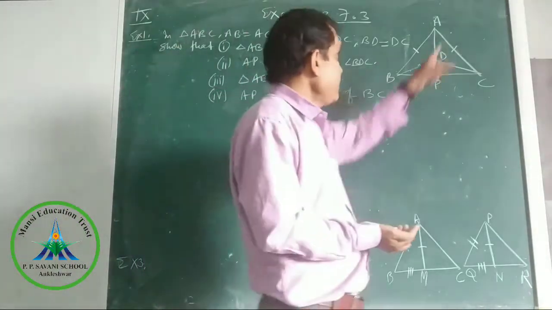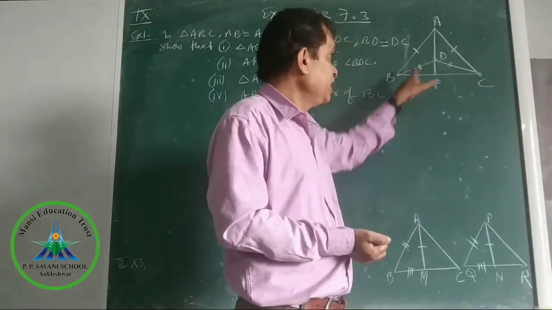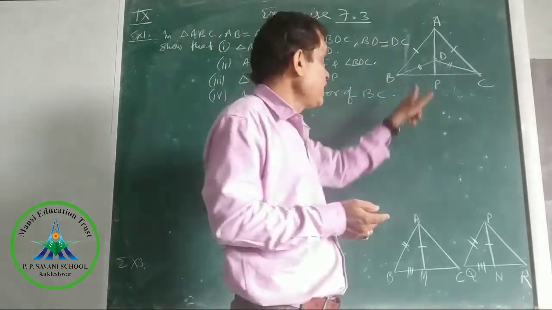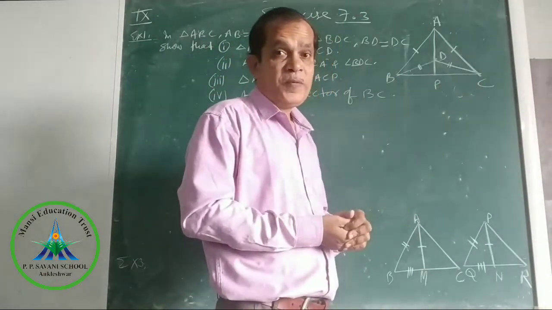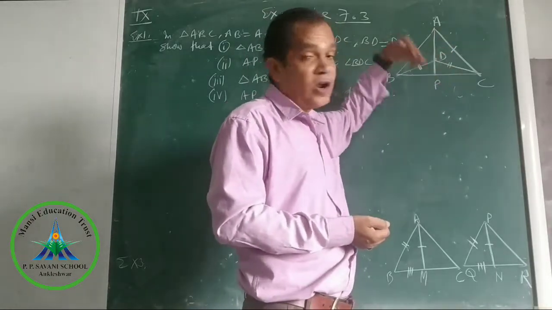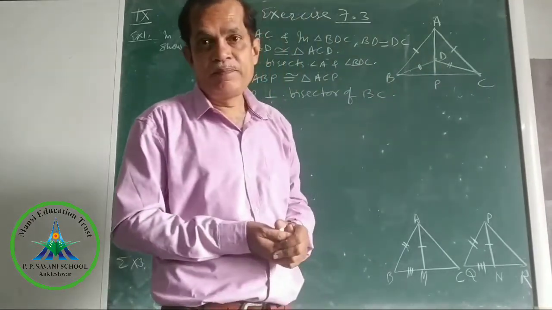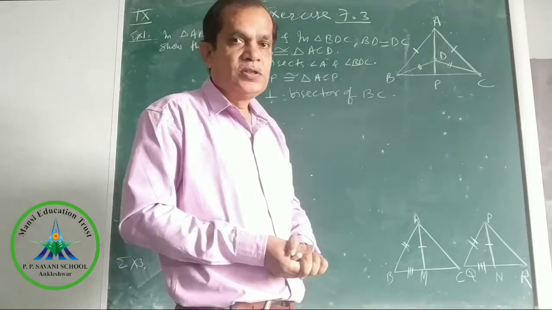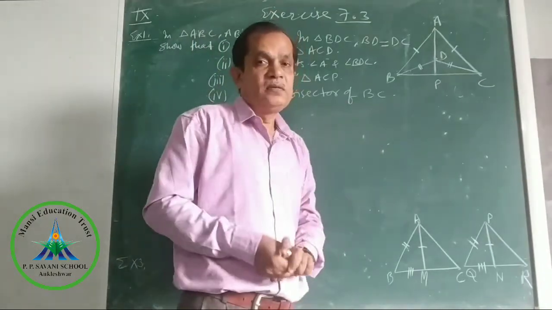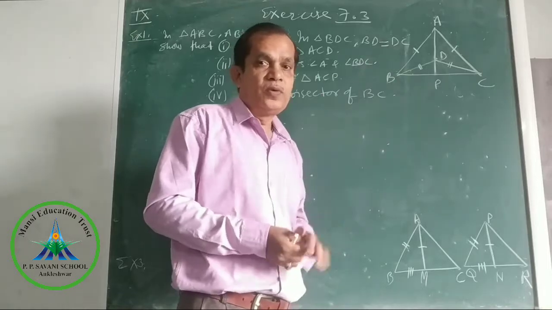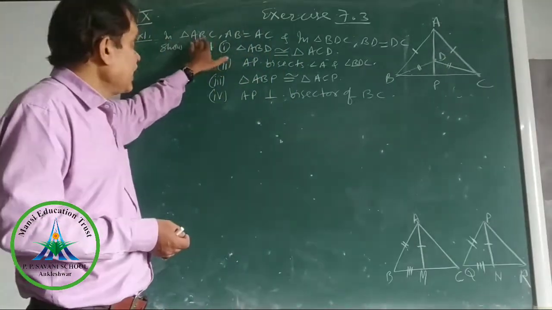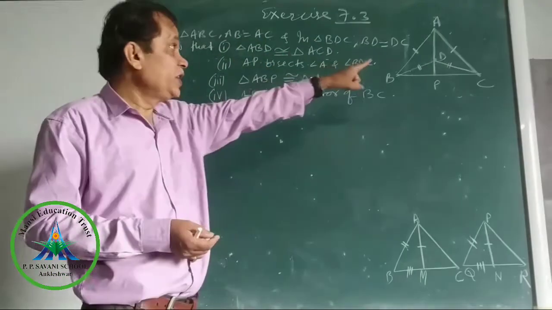Triangle ABC and triangle BDC are isosceles triangles with common base BC, with vertices A and D on the same side of BC. This is the given example. I did not copy the complete wording; I drew and wrote: given in triangle ABC, AB equal to AC.